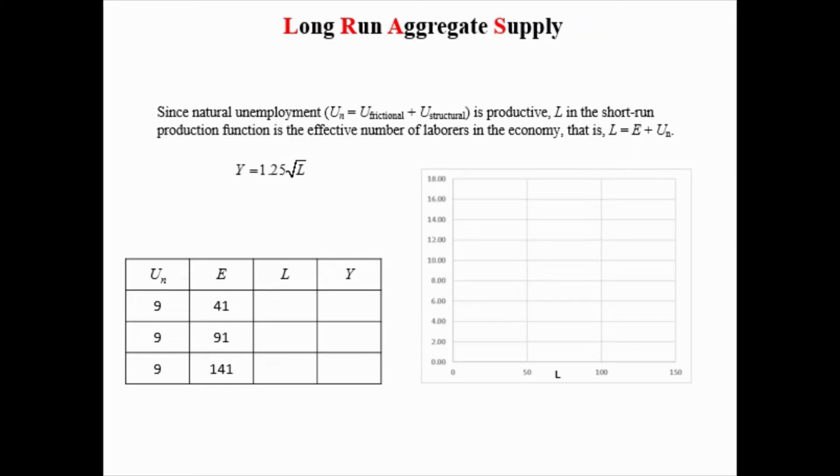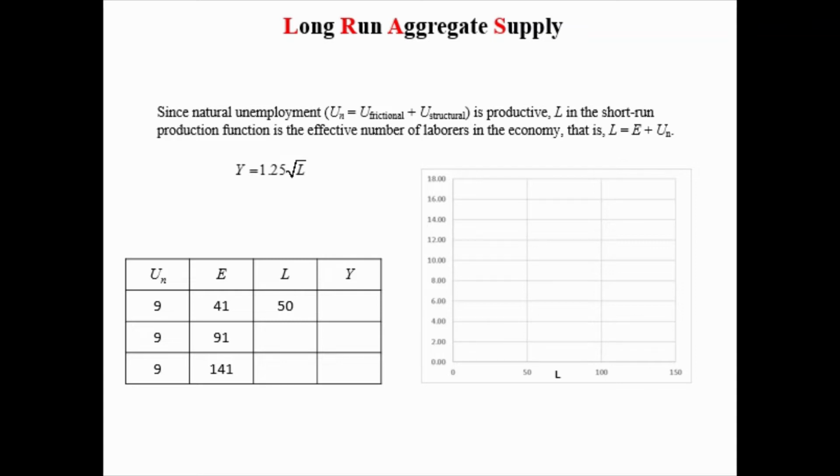Okay, down here we're assuming that natural unemployment is 9 million, right? And then we're assuming that the employment level initially starts out at 41 million. So the number of laborers, you add the two together, is 50.